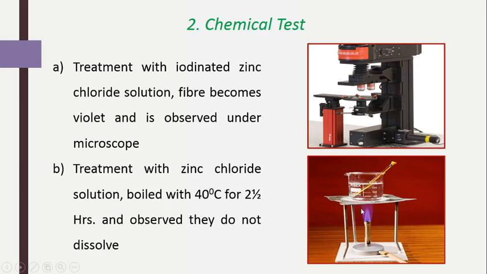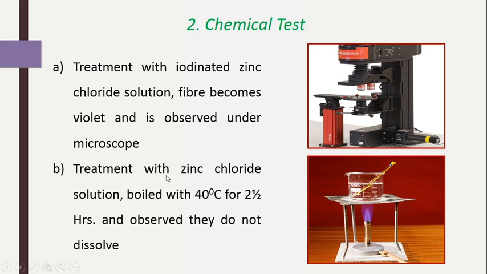After that, this mixture is boiled at 40 degrees centigrade for 2.5 hours, and after that it is examined for dissolution, whether the fibers are dissolved in it or not.